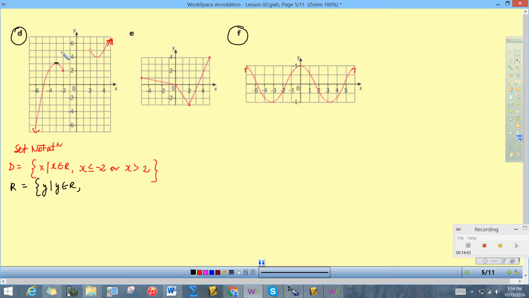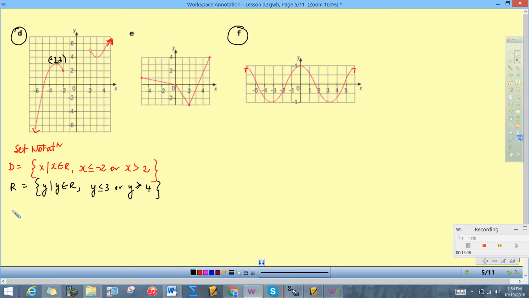So the highest point here is found at -3 and 3. So it seems to be at 3 and below, or 4 and above, so that y has to be less than or equal to 3, or y has to be greater than 4.